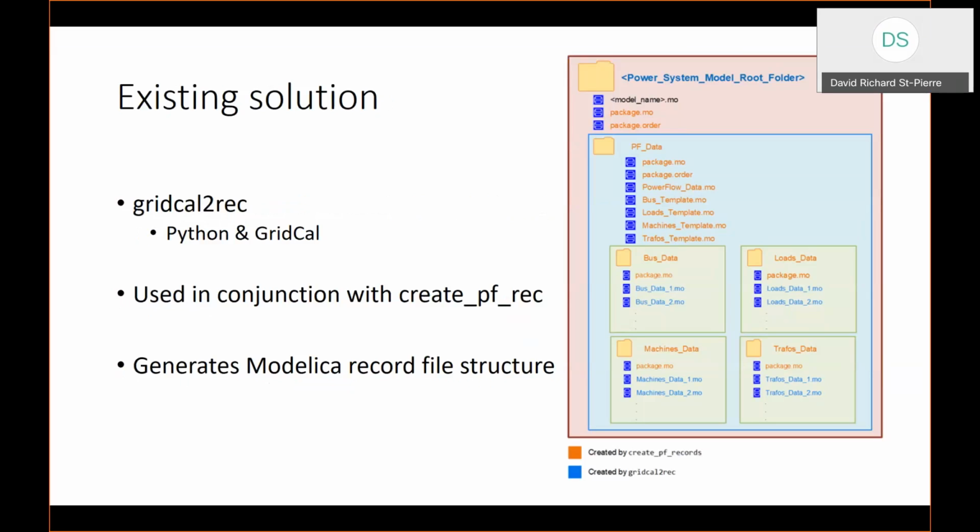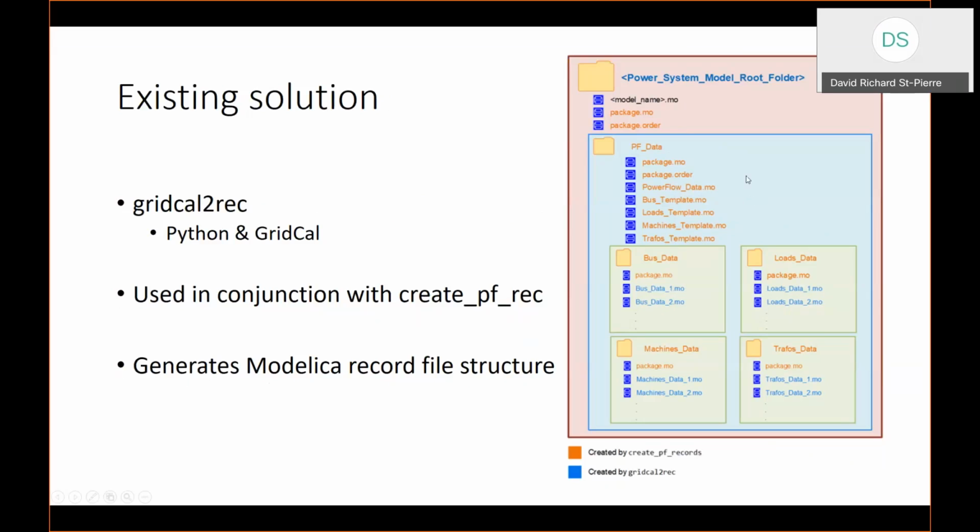The current existing solution is called GridCal 2Rec and was developed by Luigi's graduate student Sergio. And this program is based on the Python language using the GridCal library. What this program does is it creates the PF data file structure over here in blue.